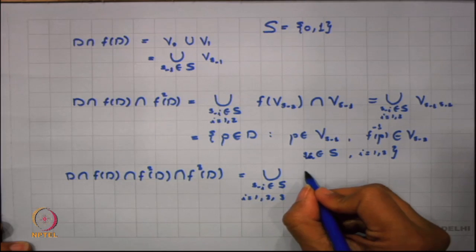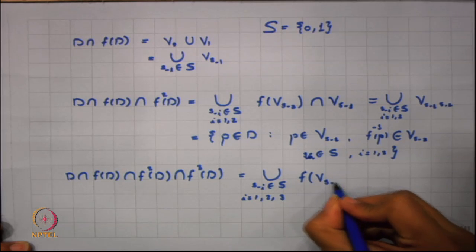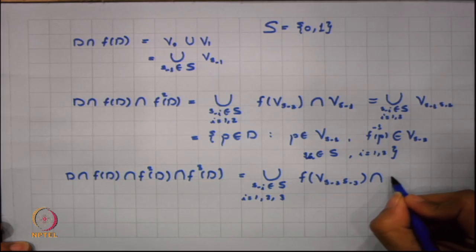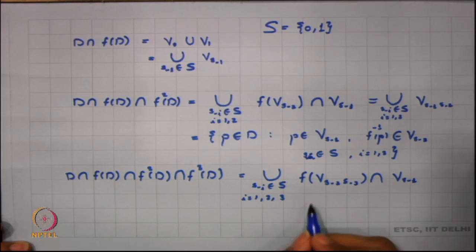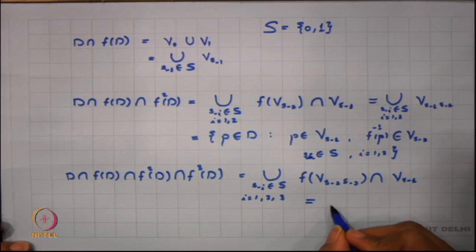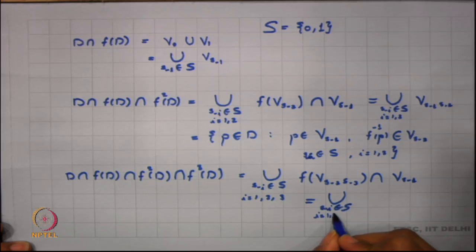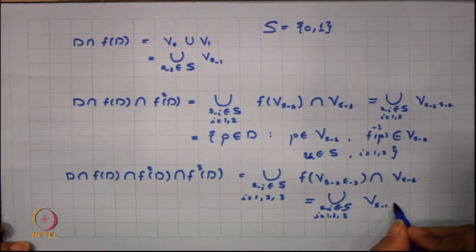I now have F of V_{S-2,S-3} intersection V_{S-1}, which I can write as the union over S_i belonging to S, i going from 1 to 3, of V of S_{-1} S_{-2} S_{-3}.